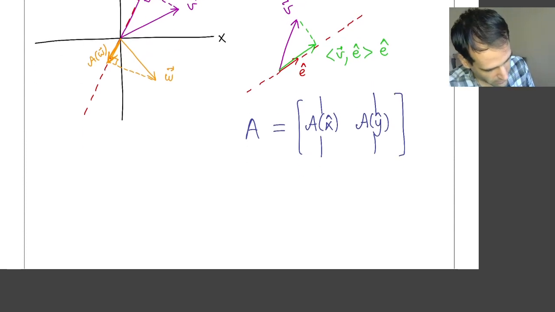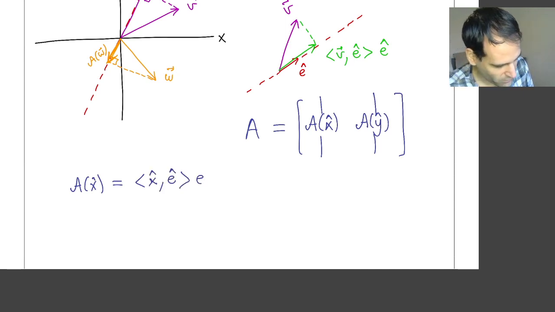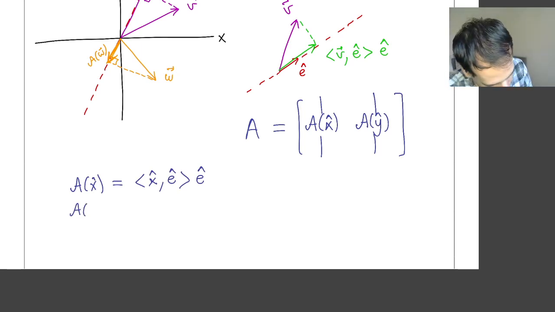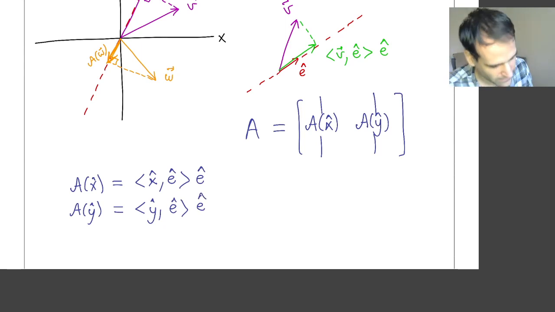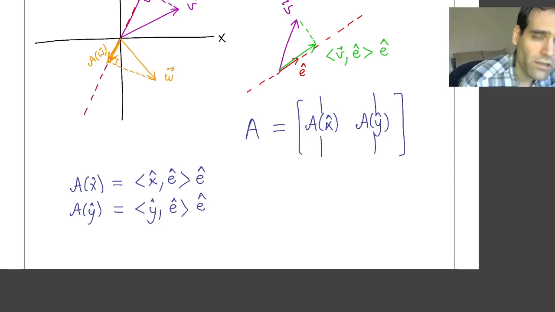The first column will be the inner product of x hat with e hat times e hat. That will be the projection of x hat into this line. And the second column will be the inner product of y hat with e hat multiplied by e hat. So we are almost there.